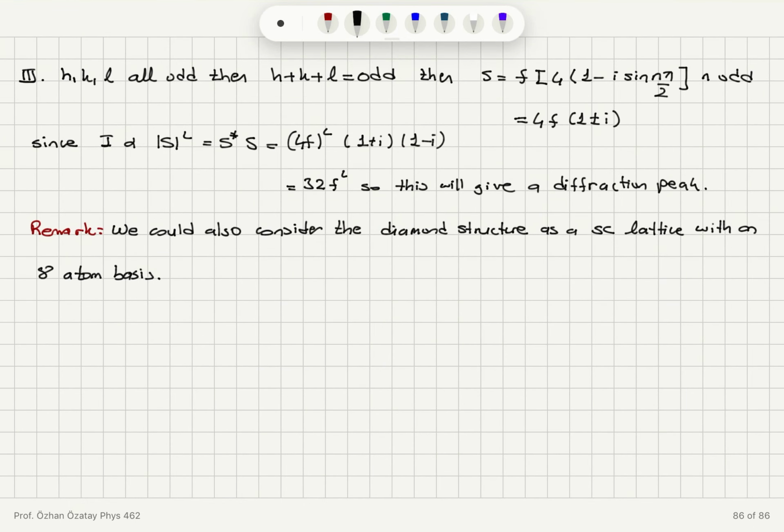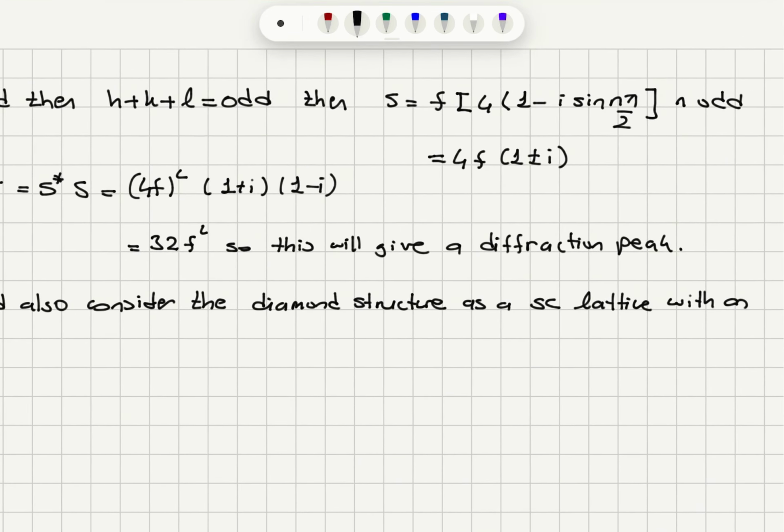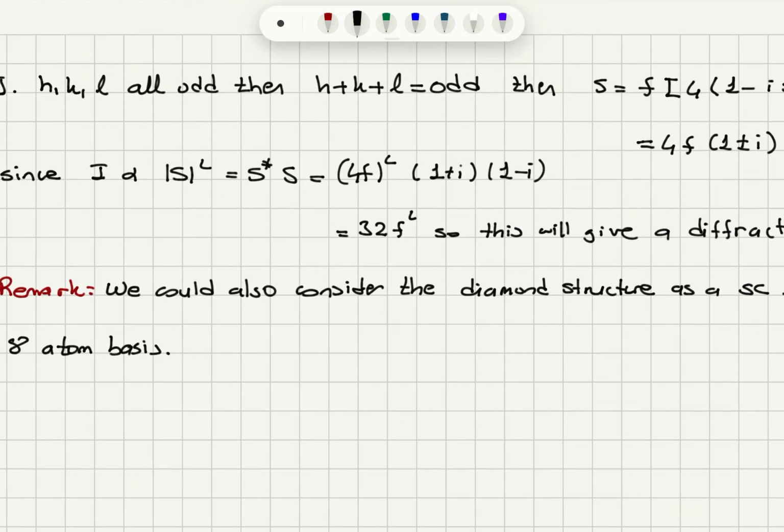Now, if they are all odd, then h plus k plus l will be odd. And then you will have s equal to f times 4 coming from the face-centered cubic lattice, and then I will have 1 minus i sine n pi over 2. So sine n pi over 2 will give me plus 1 or minus 1. So this will give me 4f times 1 plus or minus i.